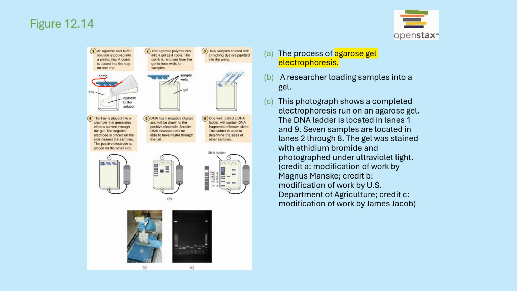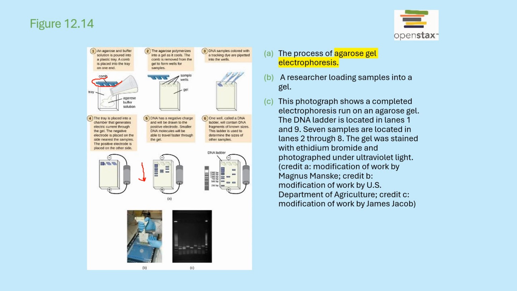So you turn the power on, and the samples start moving down their lanes, because you put the samples in the little receptacle holes that were made up here by placing the comb in. The samples are moving down by charge, by size. Remember, the smallest ones go fastest. And then when it gets to the bottom, you turn the power off.